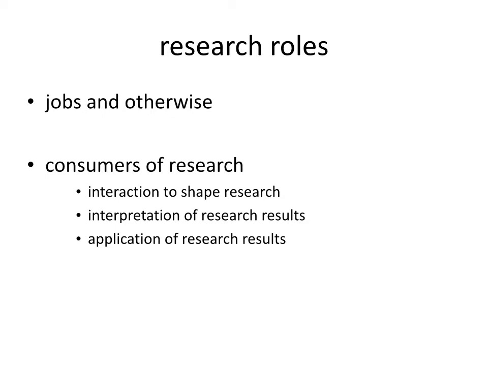The interaction to shape research results. So MBA enrollments have been in decline for the last 5 years, and every school is trying to deal with that. So that's the general management problem for an MBA director, that enrollments are in decline. So if you are the MBA director for Seattle University, then the question is, well, what research should be done to determine why enrollments are in decline, or what research should be done to determine how best to respond to that?